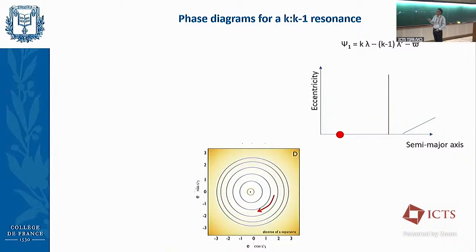So that means that the speed of lambda prime, which is the orbital motion of the inner planet, is k over k minus 1 times larger than the speed of lambda, which is the mean motion of the outer planet. So at exact resonance, this angle k lambda minus k minus 1 lambda prime does not move. It's a fixed angle. And then you have to add the longitude of perihelion of the planet for symmetry reasons, invariance of the equations.